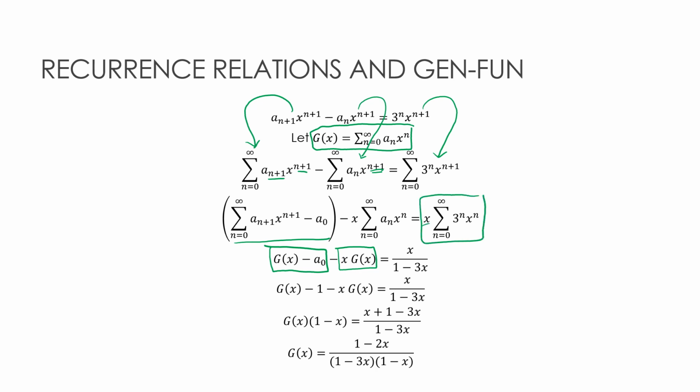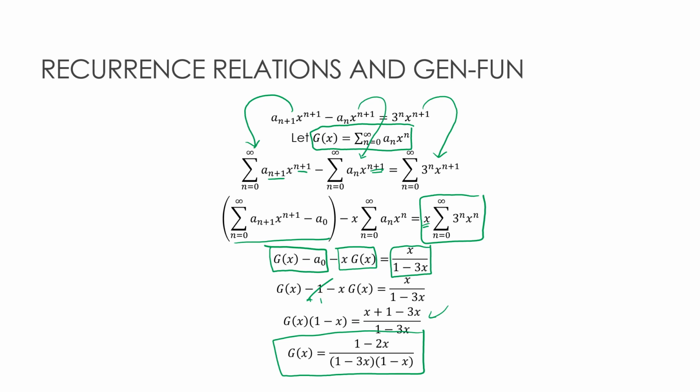I can factor this x out, but then I'm left with that generating definition, x over 1 minus 3x. As I did before, I want to do a little bit of magic, move the plus 1 over, so that gives me this expression. I'm going to factor out g of x from g of x and x g of x. Then I'm going to get g of x by itself, and that gives me this.